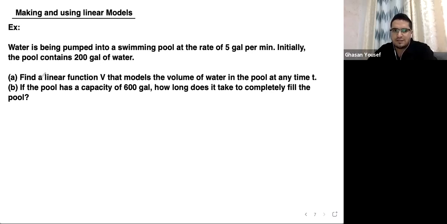So the question is to find a linear function, written using the function v, that models the volume of water in the pool at any time. Here they give me the rate of change.